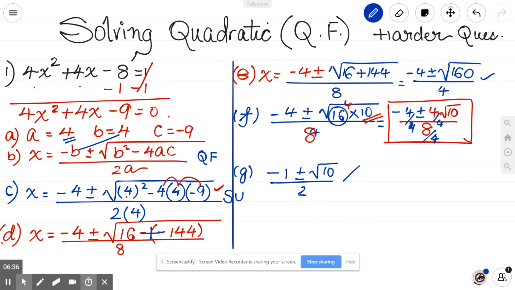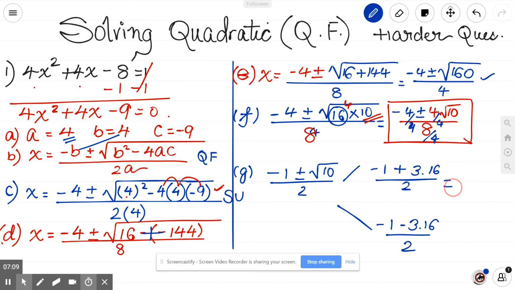Now I can also change my answer into a decimal. It all depends on how the answer is actually provided on your question paper. So I can change it to negative 1 plus the square root of 10, which is 3.16, over 2, and negative 1 minus 3.16 over 2.